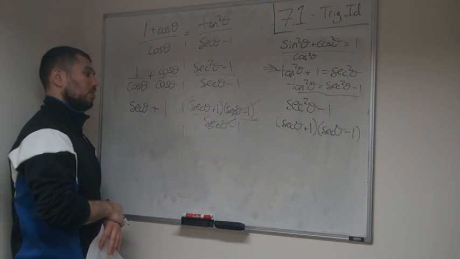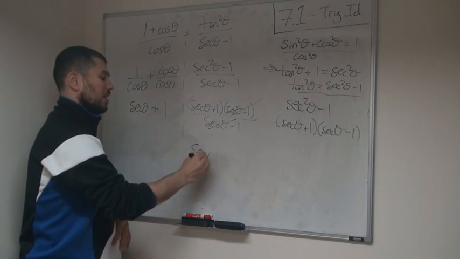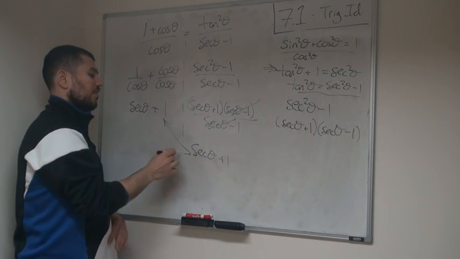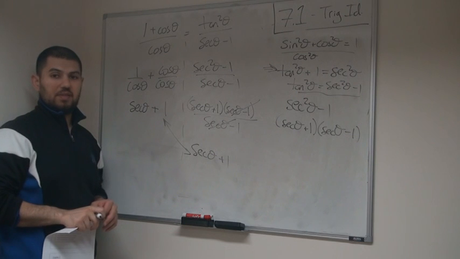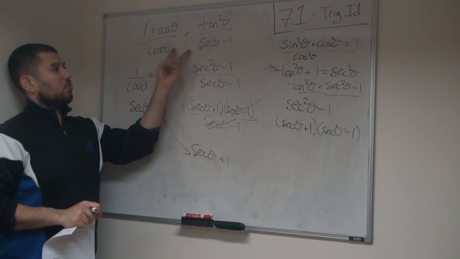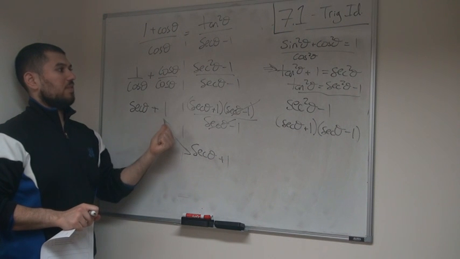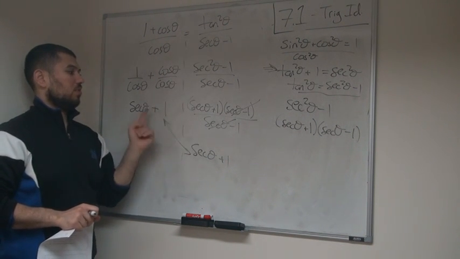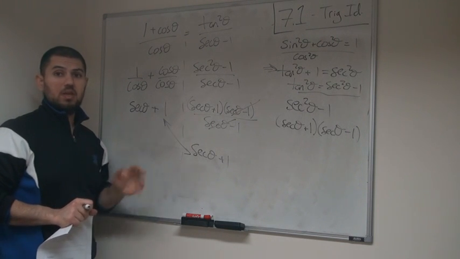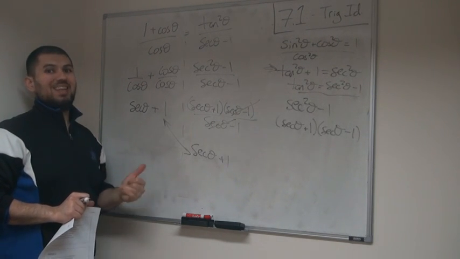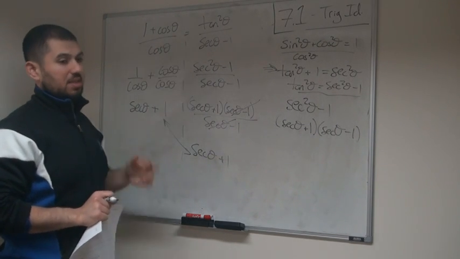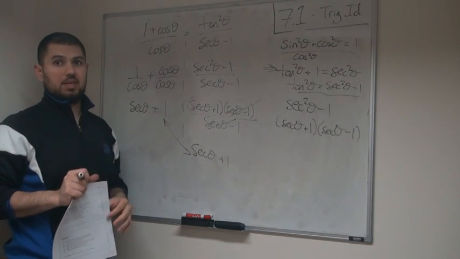Common factors in numerator and denominator. So I get secant of theta plus 1. Well, hey, look. Secant of theta plus 1 equals secant of theta plus 1. So if I start with two fractions and whittle down the left side and whittle down the right side so that the left side equals the right side and I never transferred anything over, that's also okay. And in some cases you're going to have to do that. That's when the left-hand and right-hand sides are sort of equal in complexity.